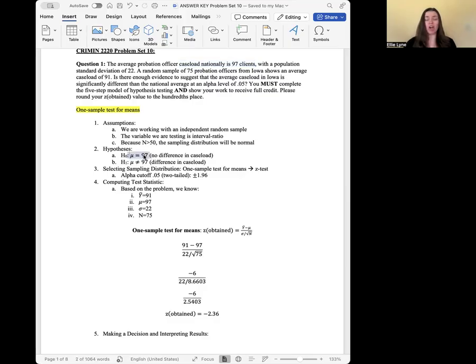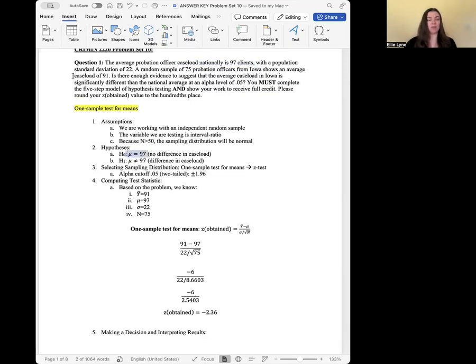A mistake that I saw a few times is people wrote that it was against 91. Keep in mind that that is actually going to be down here. That's our sample average here. We'll use that within our calculation down here when we compute our test statistic, but that's not what we're testing against. So keep in mind that mu is always our population parameter for means, and so it will always be that national level here.